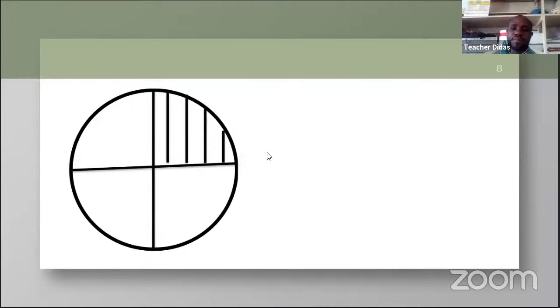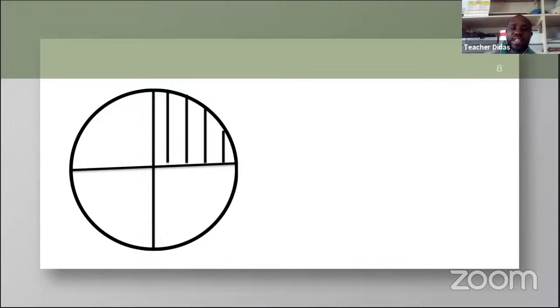Okay, who can tell me the fraction I have shaded? I need someone who is raising up the hand. Okay, Shanita. Yes, teacher. How many parts did I have altogether? 4.